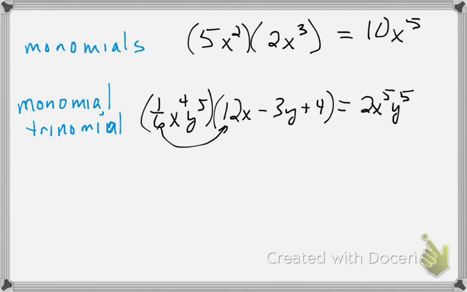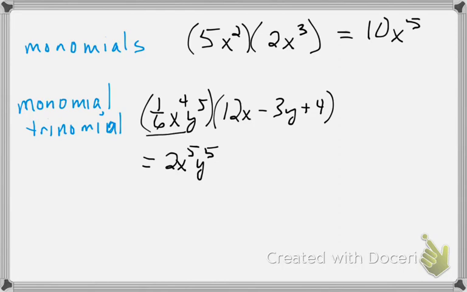Just 2. And when I multiply the x's together, I add those exponents. So the 4 plus 1 gives me 5. And y just came along for the ride this time. That's its own term, 1/6 x to the 4th. Yes, that is one monomial right up front.